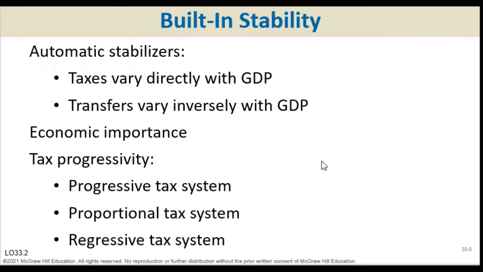Built-in stability. A concept that arises because net taxes change with GDP. It's desirable for spending to rise when the economy is slowing, and vice versa, when the economy is becoming inflationary.